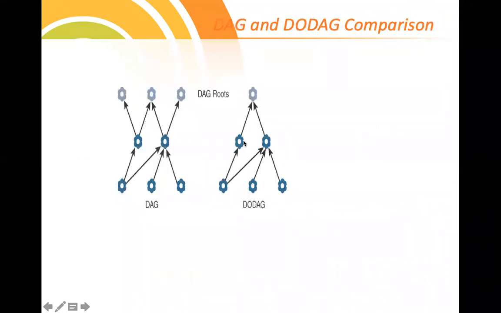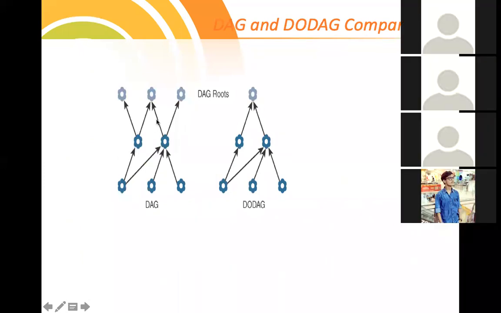Here you can see a small diagram, a DAG and DODAG comparison. DAG is a directed acyclic graph. For each individual node, you will have a graph with the routing. So from here, say for example, if you observe my cursor, from this particular point onwards, we have a direct connection to this particular node, this and this node.